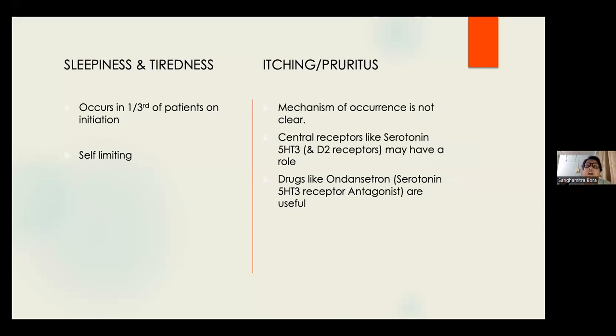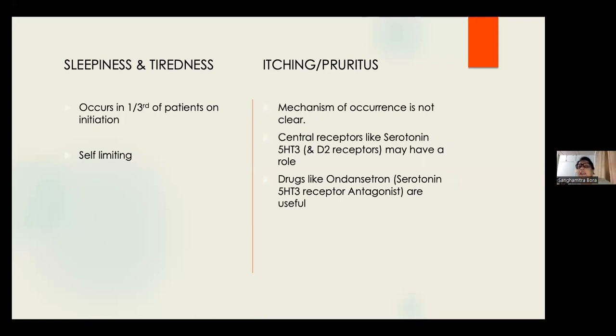If you have started a patient on morphine and the patient presents to you after 1 week or maybe 2 weeks with itching or pruritus, you have to take a history about how the itching has happened. Have there been any other sources of itching or pruritus? Has the patient taken any other medication for that reason?